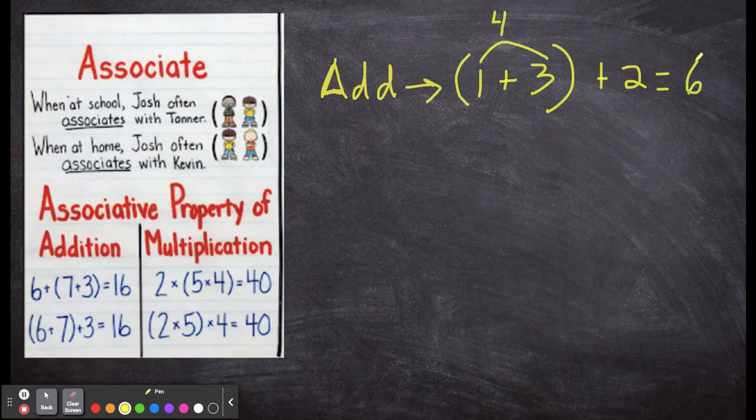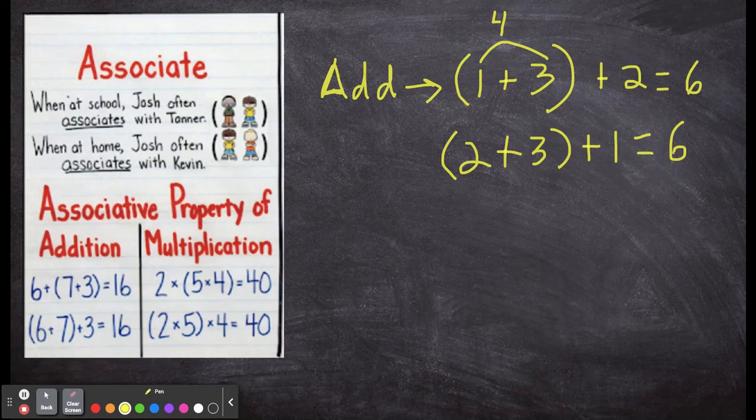And the same thing happens if we were to do in these parentheses 2 plus 3 and put the 1 by itself. You're still going to get 6. The difference is, remember, associative is when you're seeing the groupings of 3 or more numbers, all right? Where with commutative property is when you're seeing only 2, okay?